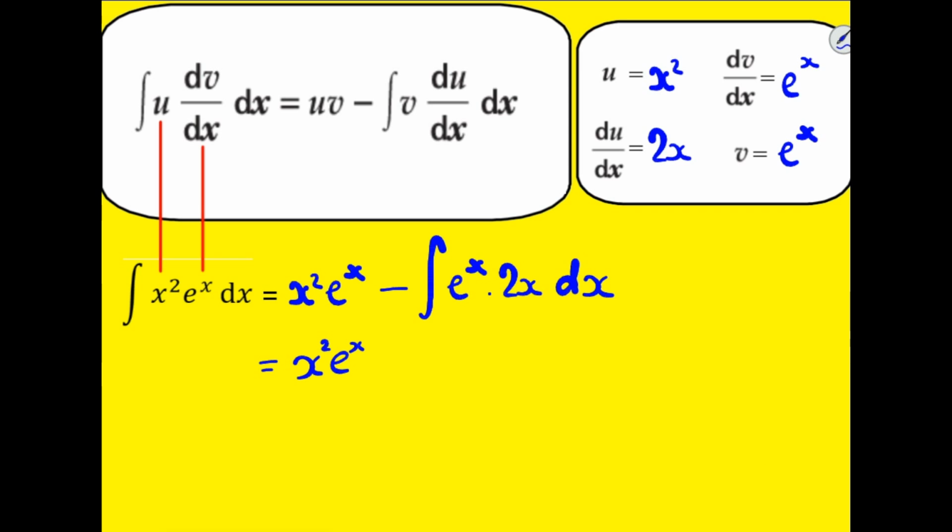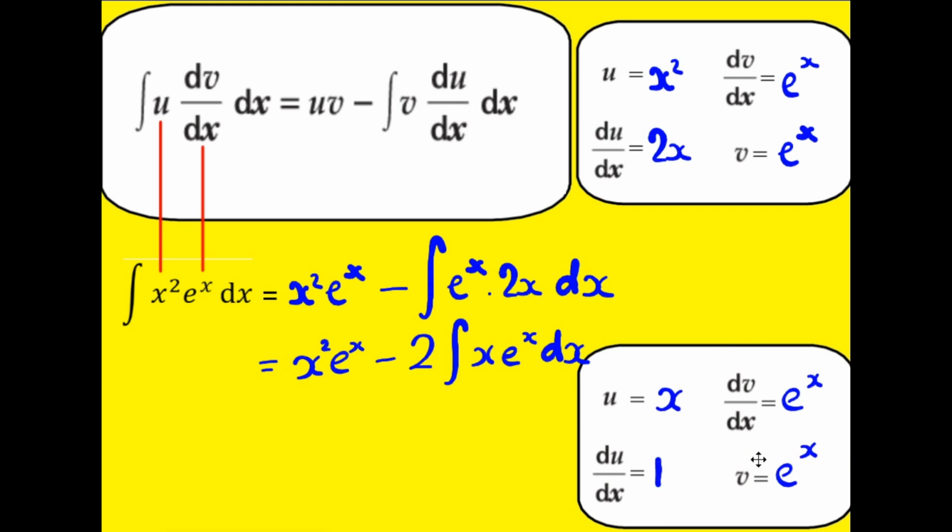You'll notice here, though, that you're left with an integral of x multiplied by e to the power of x. This looks quite familiar. In fact, it's exactly the same expression as before. So what we're going to do is repeat the process from the previous slide.